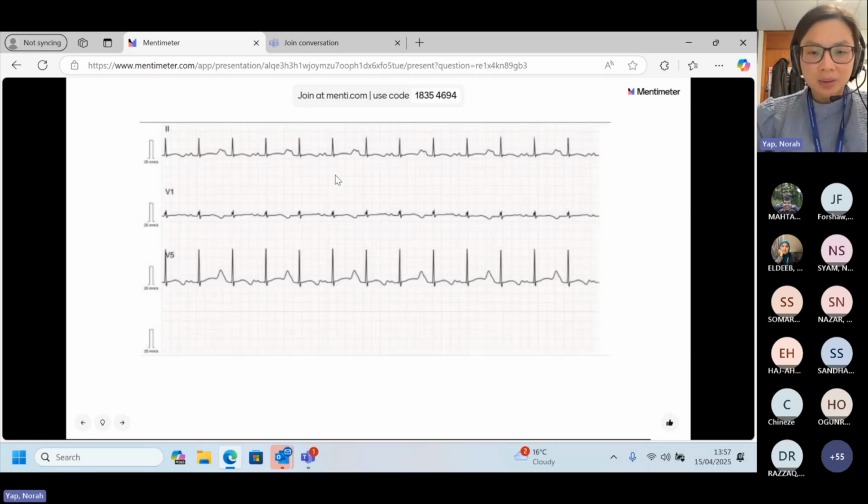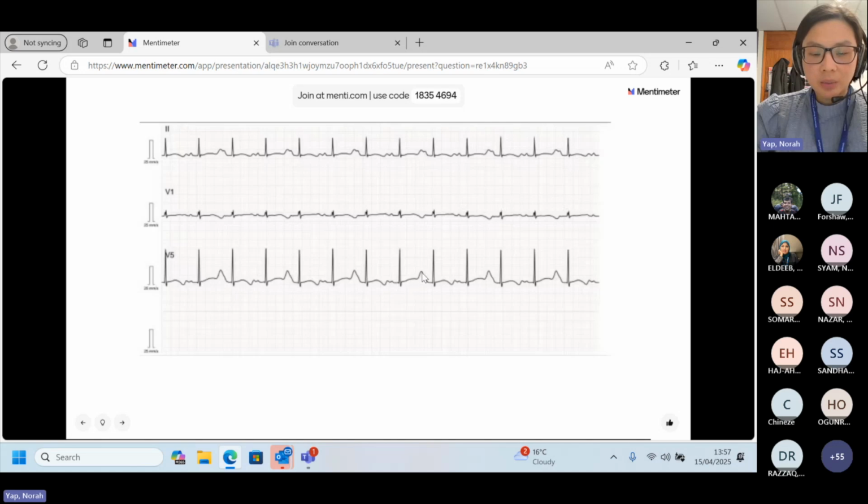And while the child was in the hospital, we see this. Just want to point out to you, quite obvious in lead 2 and V5, you can see that the T waves are different in every other beat.